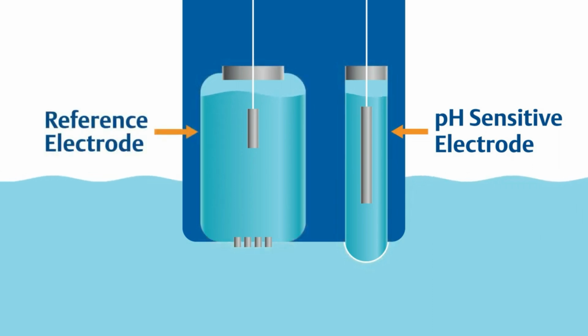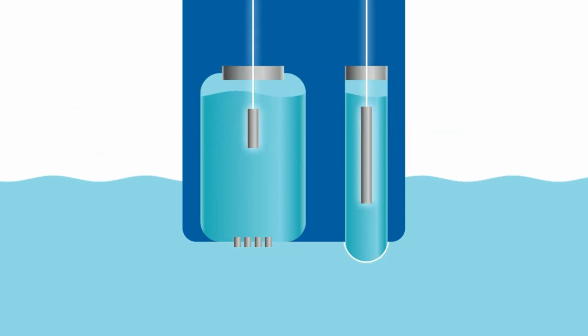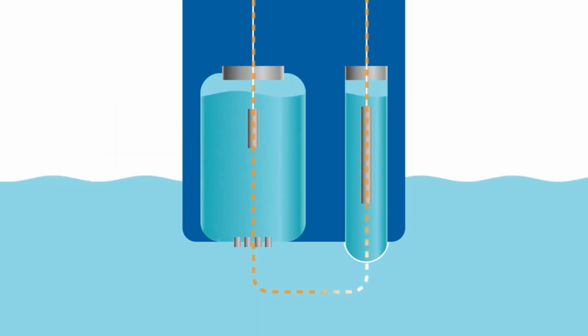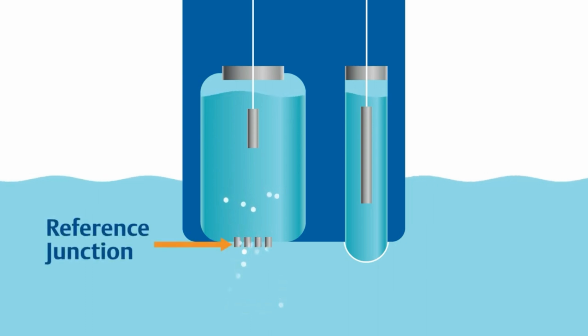Both electrodes consist of a metal wire suspended in a stable neutral electrolyte solution. The reference electrode maintains a steady reference voltage and completes the electrical circuit with the pH-sensitive electrode by allowing a small amount of ions to flow from the reference electrolyte solution into the process fluid through a small porous opening called a reference junction.